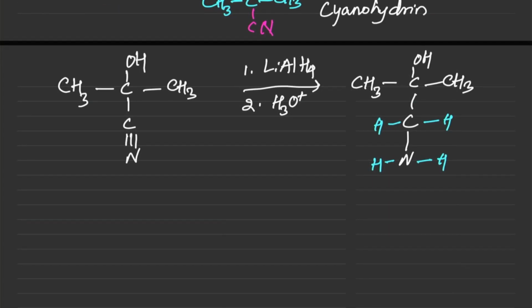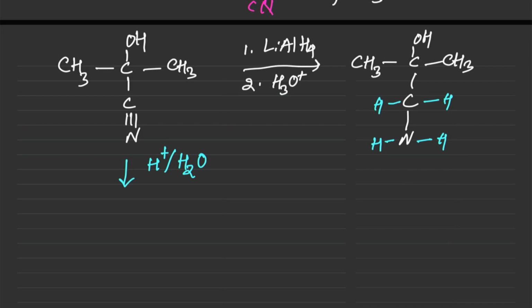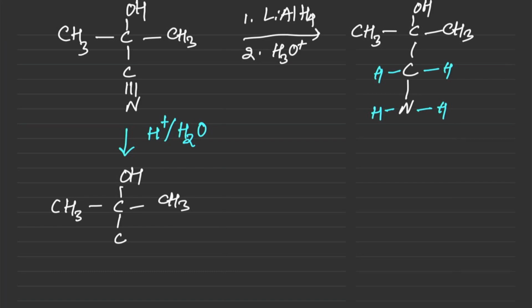Another thing we could do is hydrolyze this, with the mechanism we will study in the next chapters. If you hydrolyze it, it's going to form the exact same thing, CH3, C. Now, before it had three bonds connected to nitrogen, right?